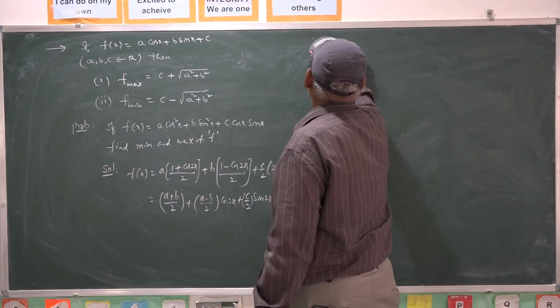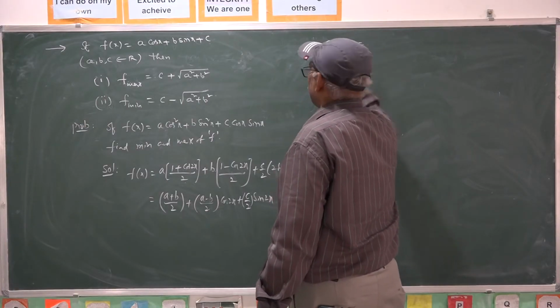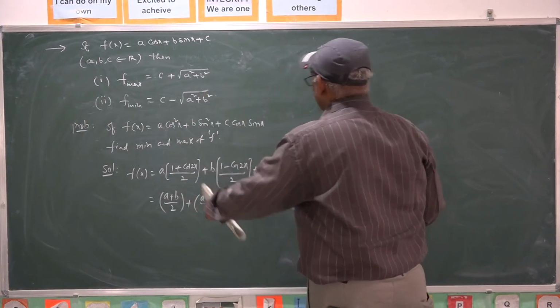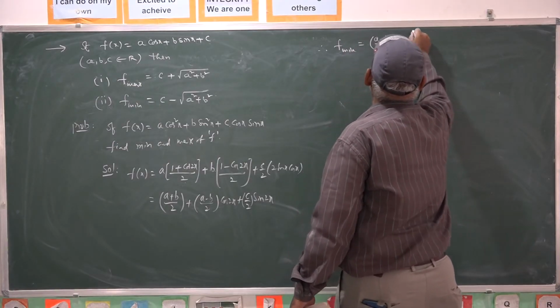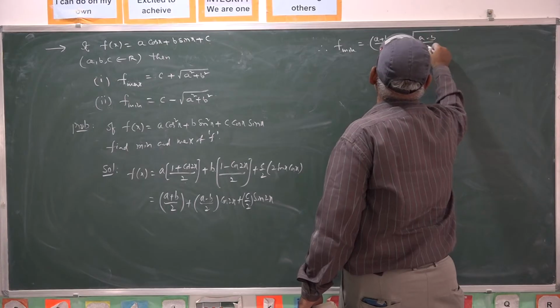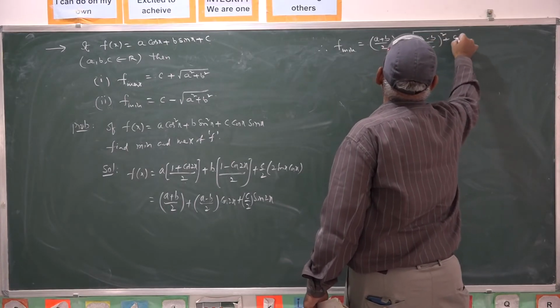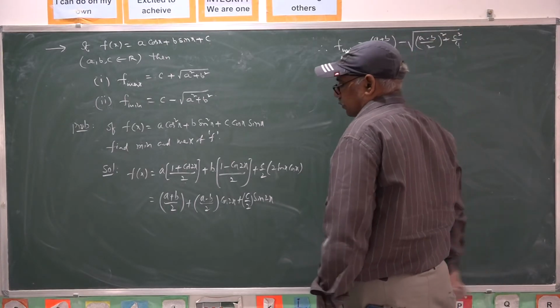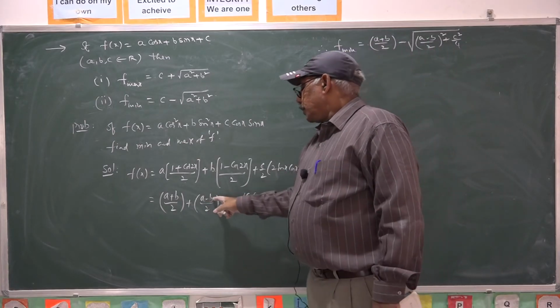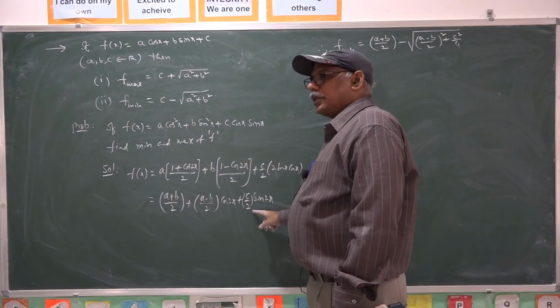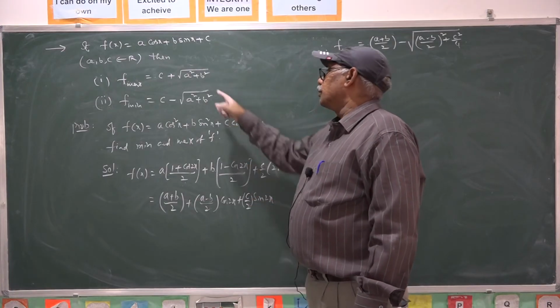Therefore, f minimum is given by this formula. C means here (A plus B) by 2 minus under root (A minus B) by 2 whole square plus C square by 4.